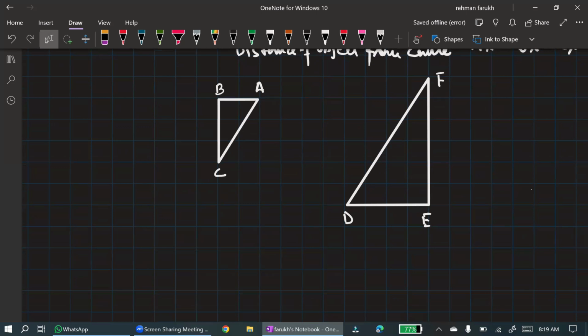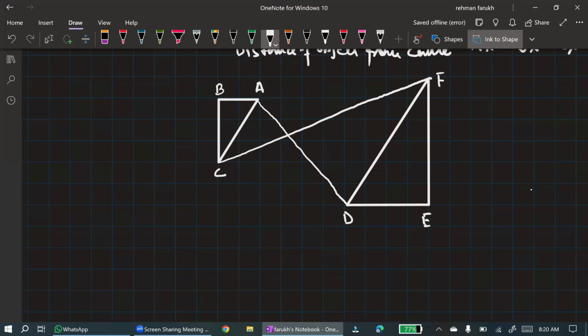Now we will join A with D, C with F, and B with E with the help of a ruler.